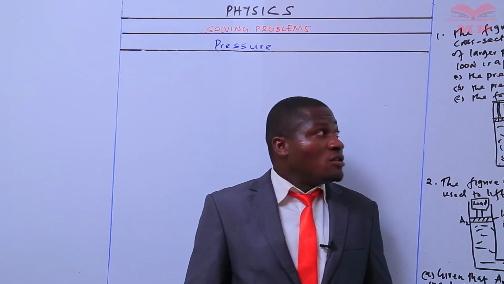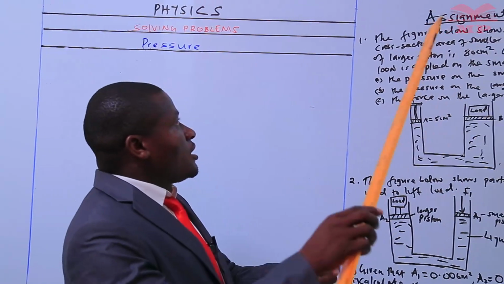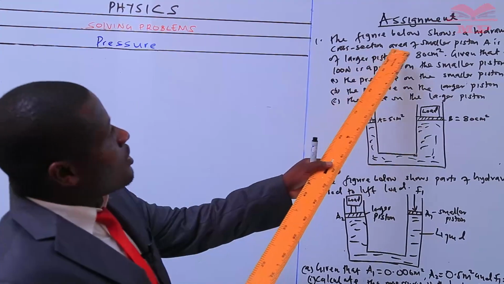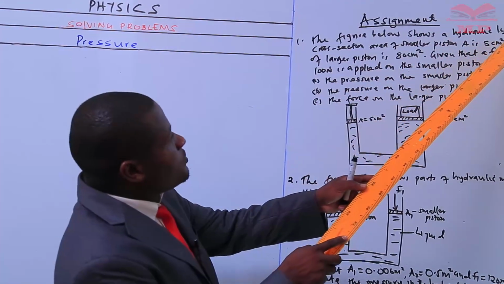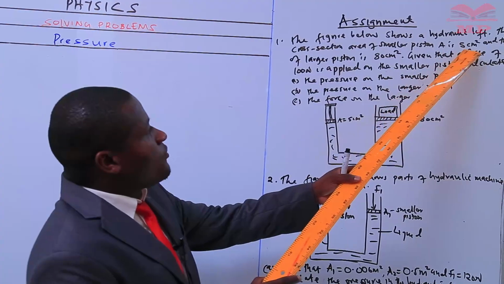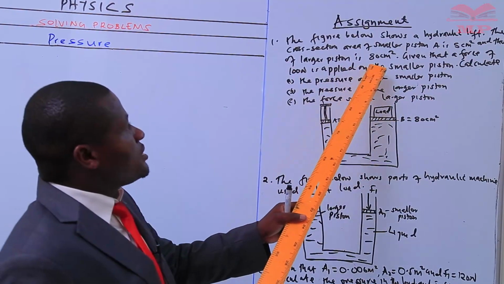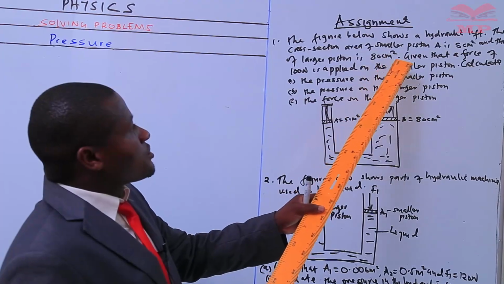In the first question, it says the figure below shows a hydraulic lift. The cross-section area of smaller piston A is 5 square centimeters and that of the larger piston is 80 centimeters squared.